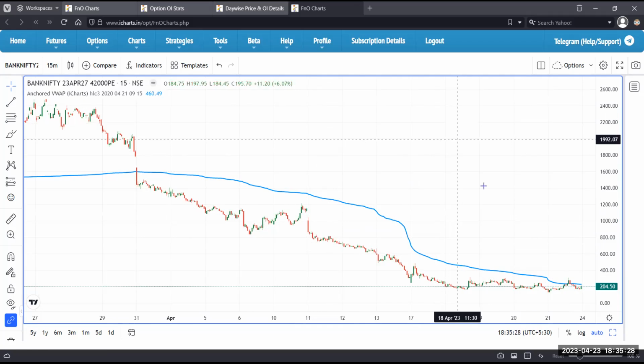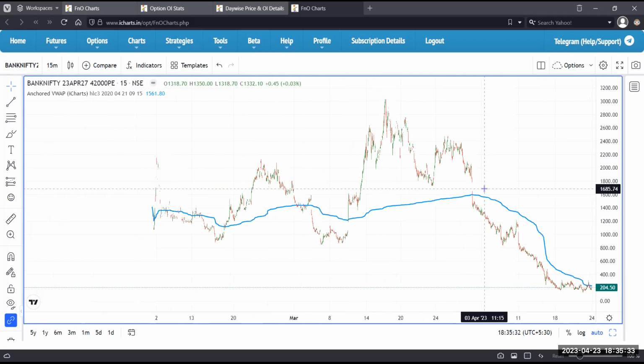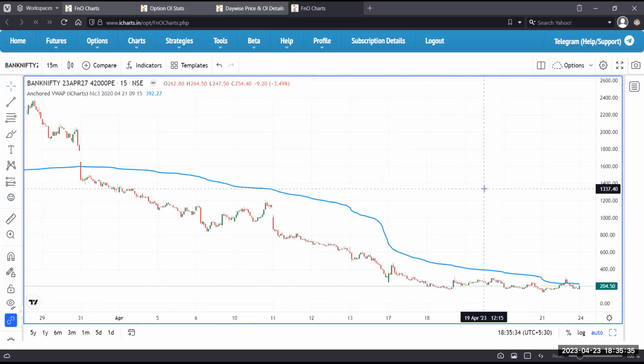If we are able to have AVWAP, the options which are breaking out or breaking down of AVWAP can give a very significant directional idea of where things are going to move in coming days. Okay. And the same in stocks. Okay, we'll plan something on this.